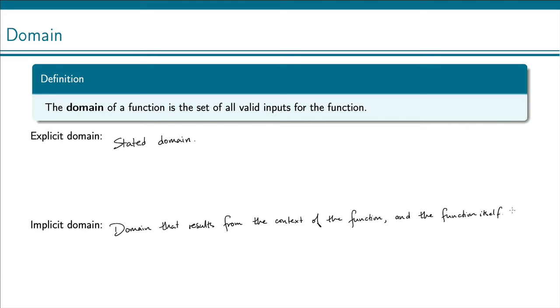Okay, we're going to see some examples of this. Let me give you a quick example of each of these.